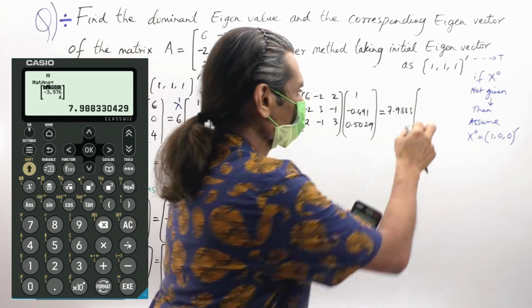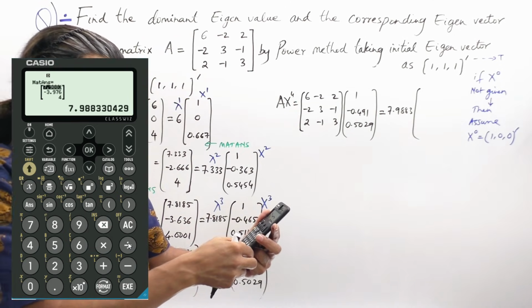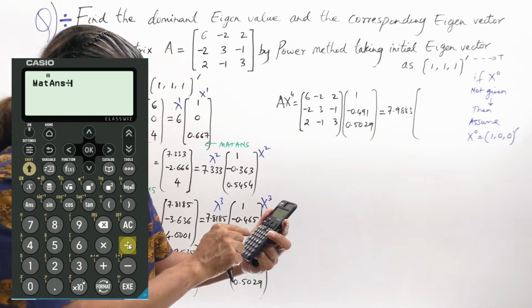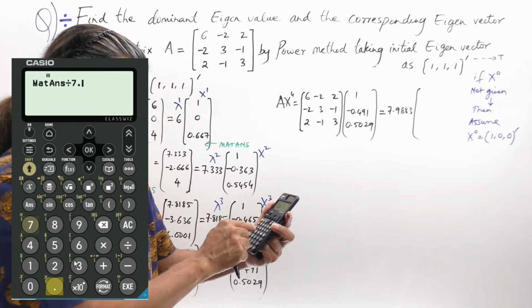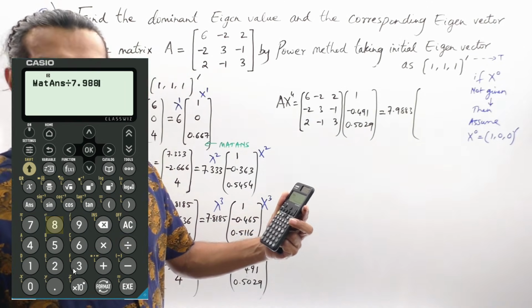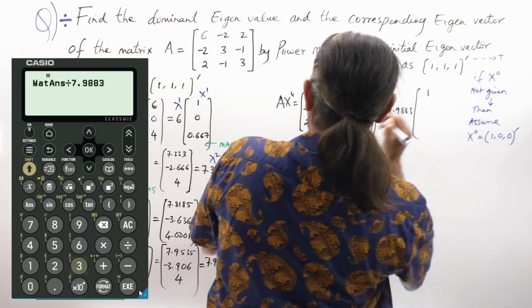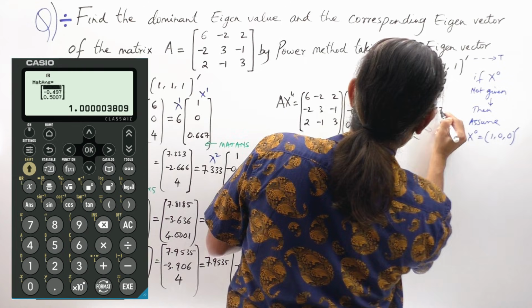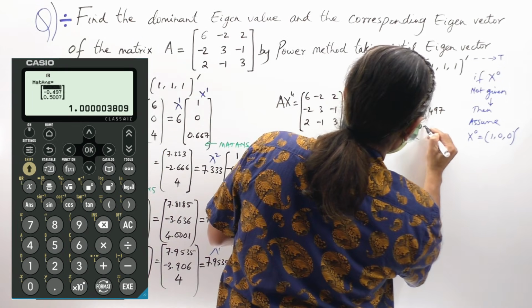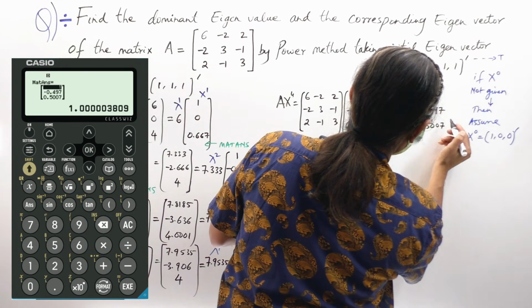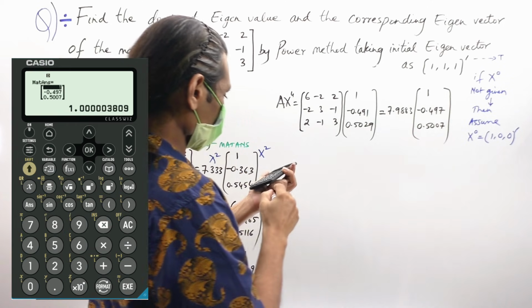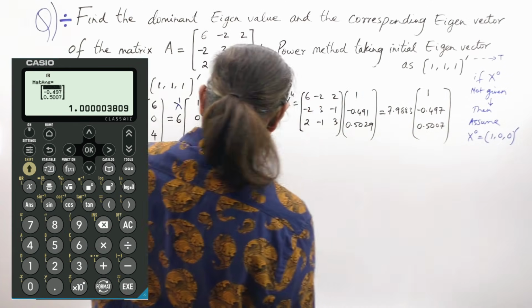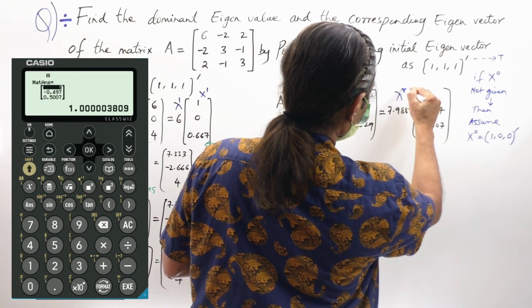So since there is less space here, what I'll do, I directly divide here. So divide by 7.9883 is equal to, so we get 1 minus 0.497 and 0.5007.